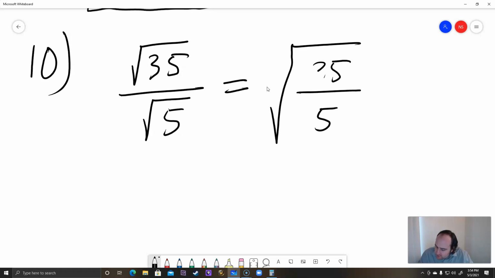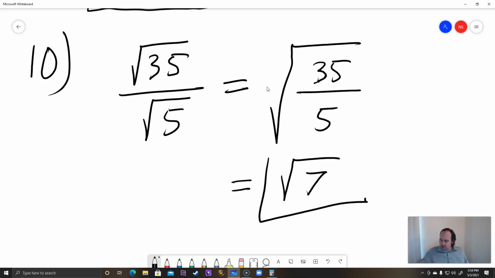And then what's 35 divided by 5? From our times tables, we know that 7 times 5 is 35, so 35 divided by 5 is 7. So we actually just have the square root of 7. The square root of 7 is not something you can simplify, because you can't take the square root of 7. So root 7 is our answer.